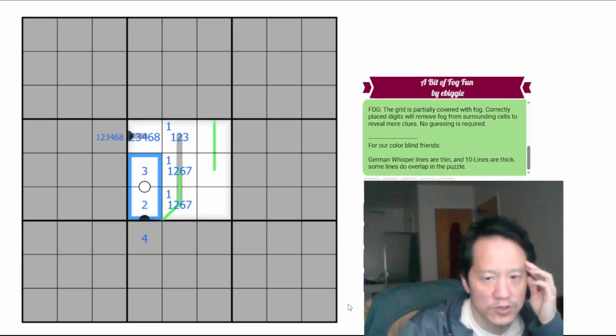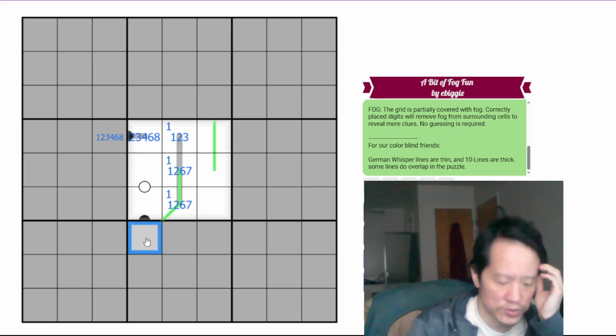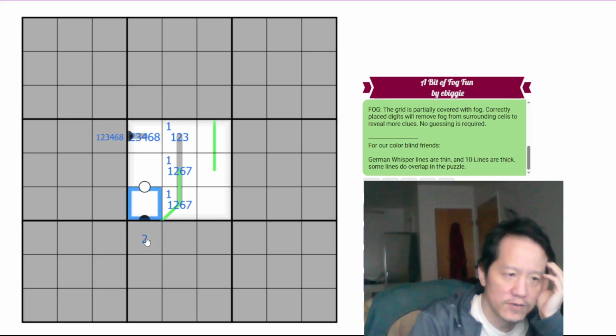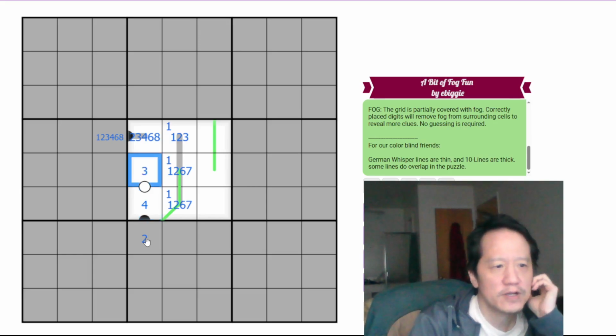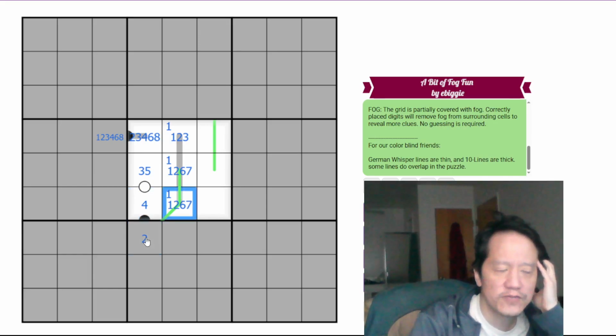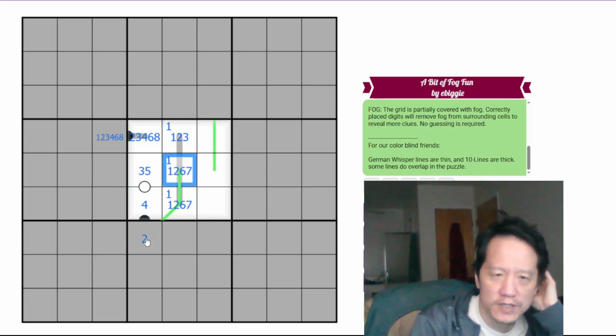So that doesn't work if this is 2 and that's 3. But this could be 2 here, and this could be 4, which would make that a 3. Or this could be 5, either way. So this could work as long as this is 7, then you could have 1 and 2 here, and that works.